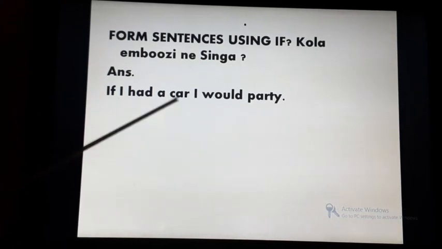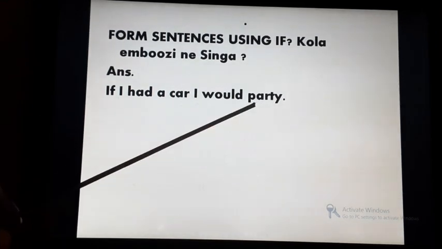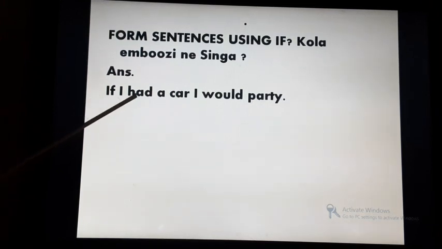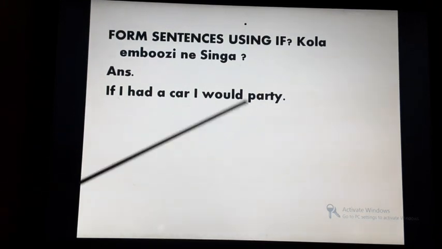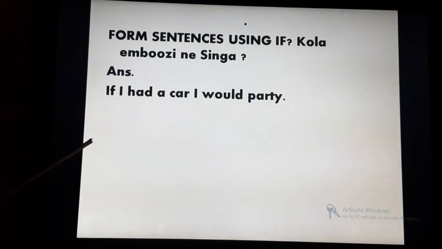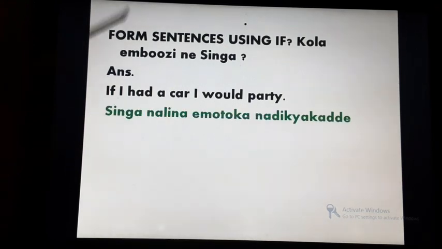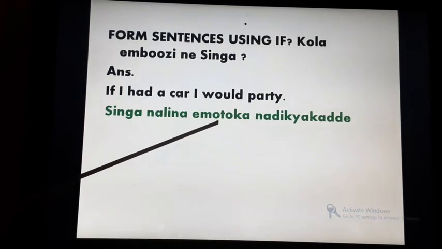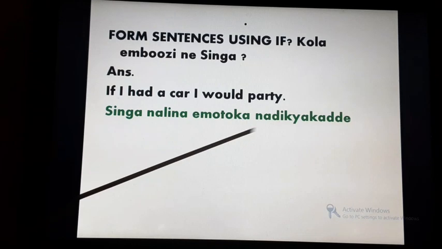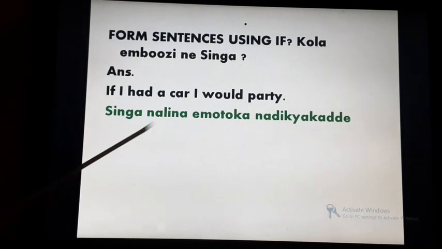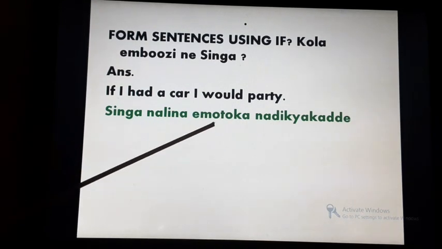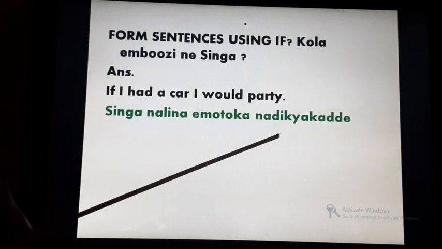For example, if I had a car, I would party. In Luganda, singa nalina emmotoka nandikyakadde. Parting is okukyakala.